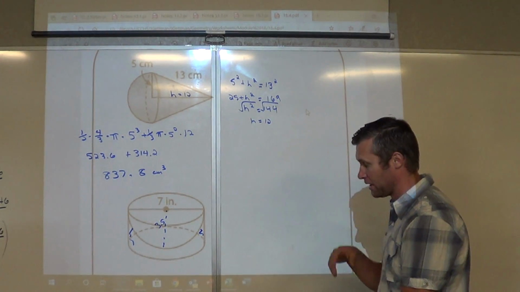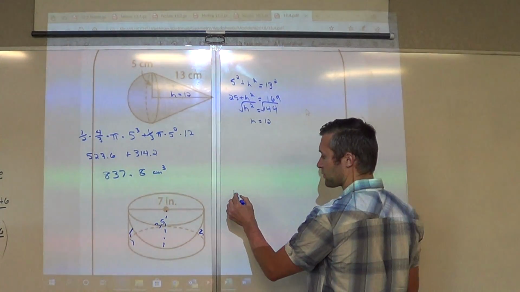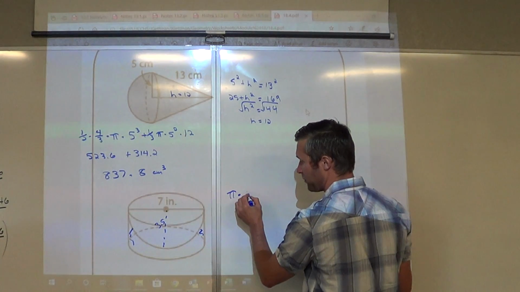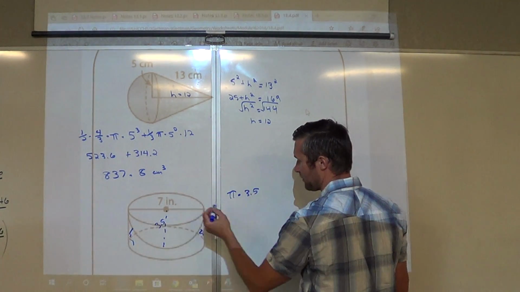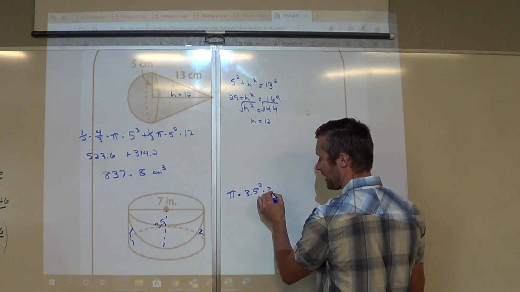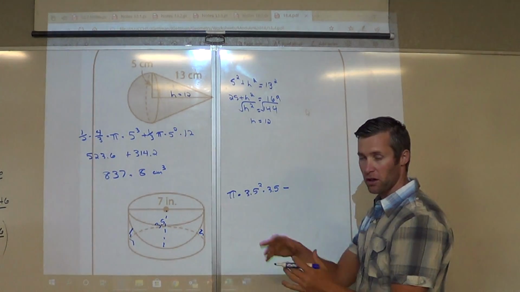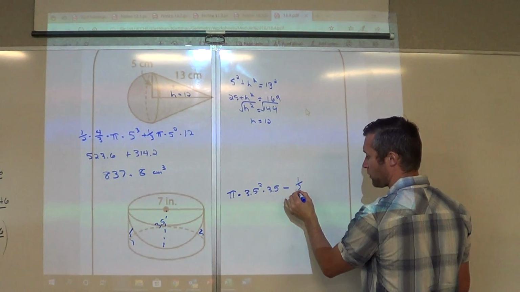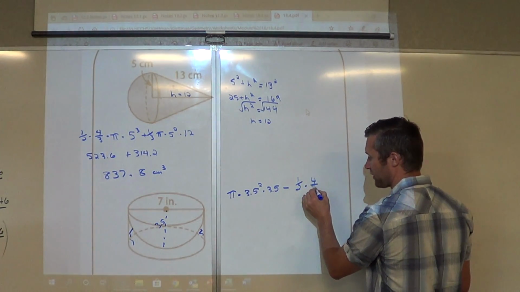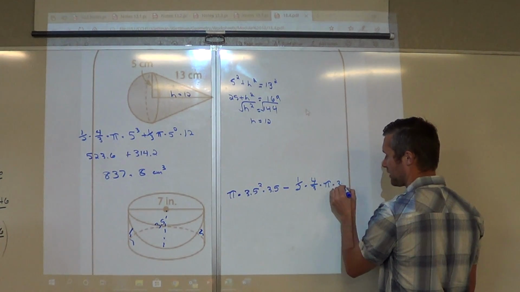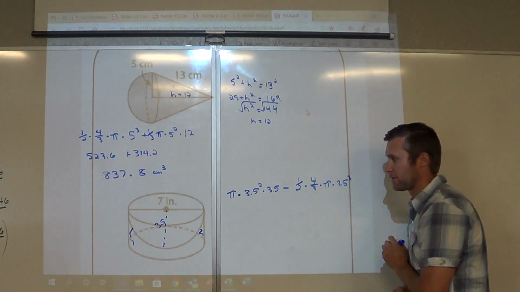So we're going to find the volume of a cylinder, so we're going to go pi times my radius. Radius is 3.5, they give us the diameter, squared, times my height of 3.5, minus, now we don't want all of the sphere, we just want half of it, so we're going to go 1/2 of 4/3 times pi times our radius cubed.